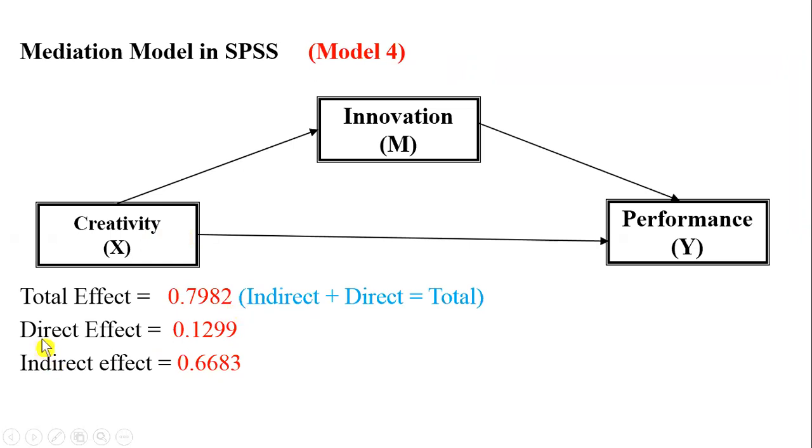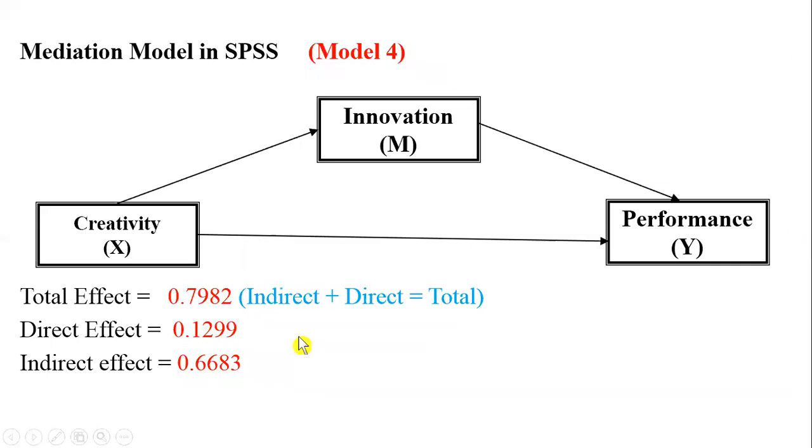Direct effect is the effect of creativity on performance directly, and indirect effect is through the mediator. So if you sum these two effects, you're going to get this answer. Indirect plus direct is equal to total effect.